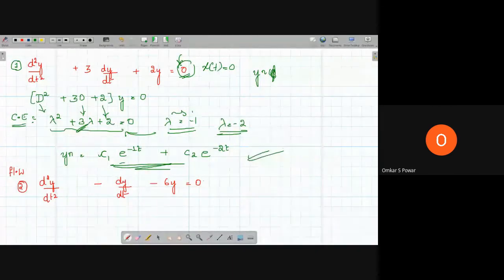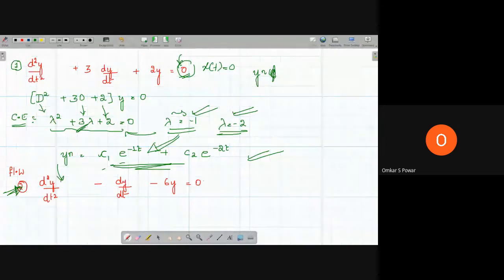Once you get lambda 1 and lambda 2, substitute them in the equation which I told you before. So whatever I explained in the first 10 minutes, if you concentrated properly, you use only that to solve the problem. Based on that, I have given a homework problem with the same technique. Solve this one.